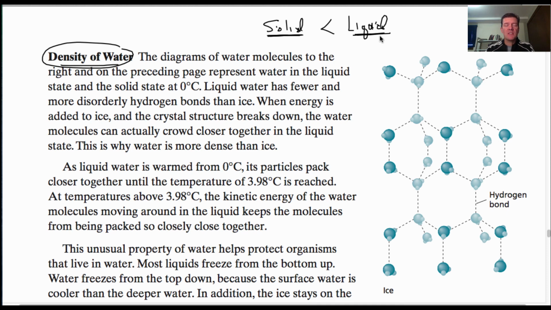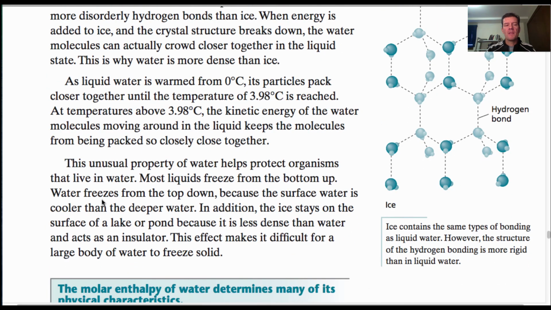That is a pretty unique property, and it's incredibly important for life on our planet because this unusual property helps protect organisms that live in water. If lakes froze from the bottom up, it would kill all of the plant life in that lake or pond or river, okay? But they don't. Lakes freeze from the top down, and eventually the whole lake won't freeze because under the ice, it's going to be too warm.